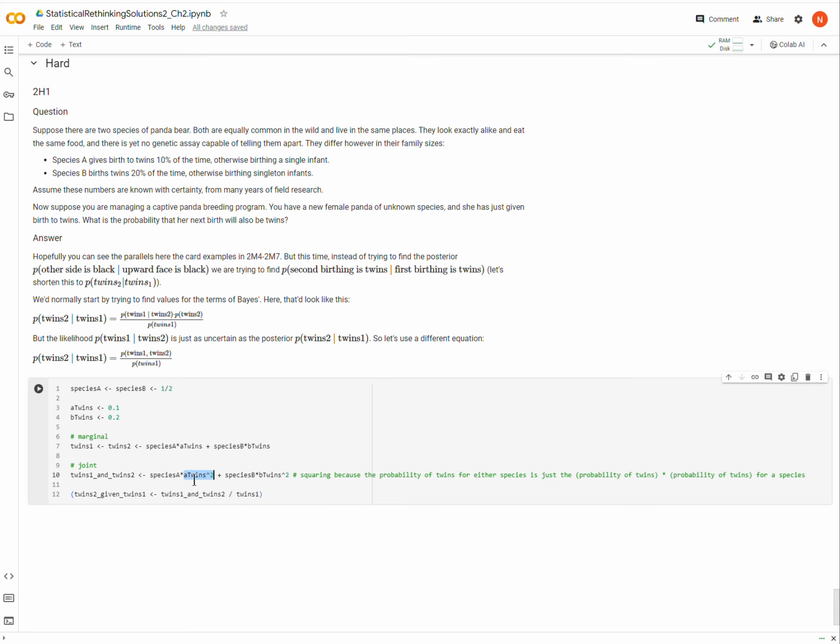So this little caret 2 here means I'm squaring the probability that species A has twins, because I had two sets of twins. And then similarly for species B, the probability that it's species B is 1/2 times the probability that species B has twins twice. So now that's our joint probability.